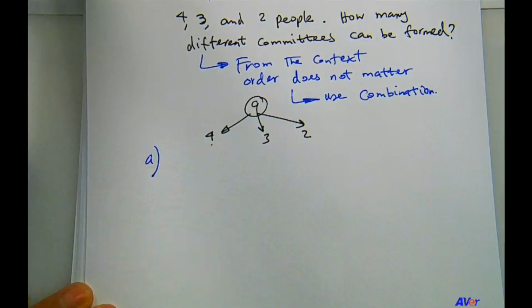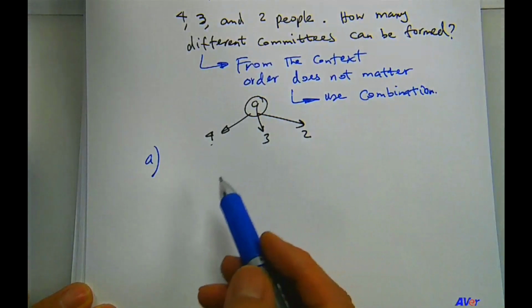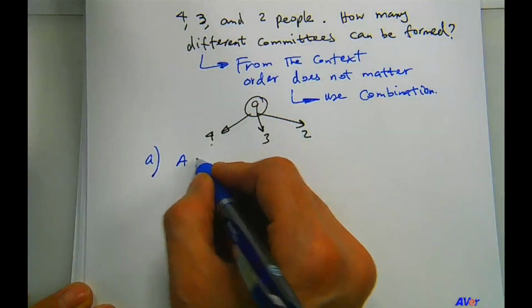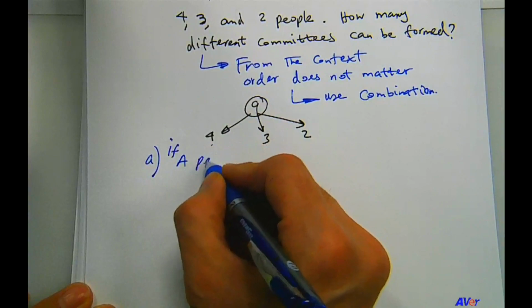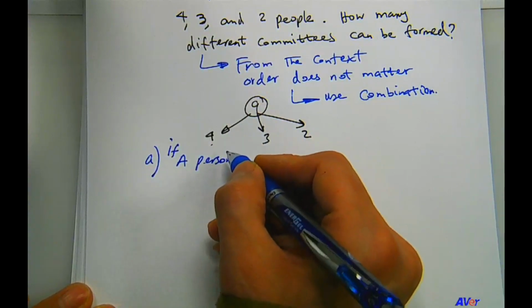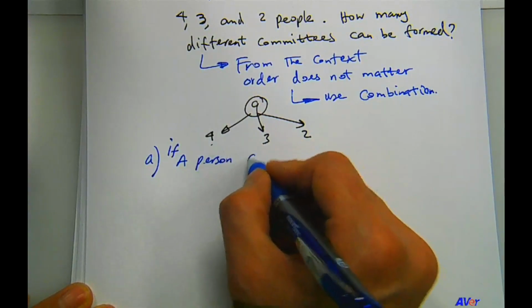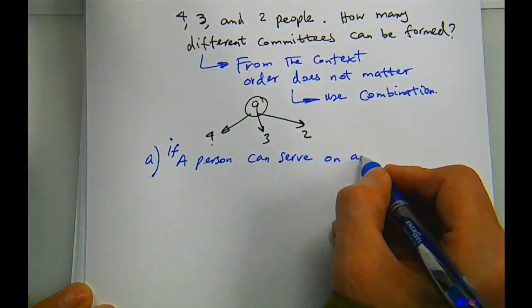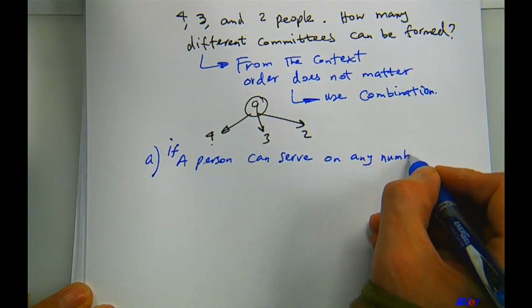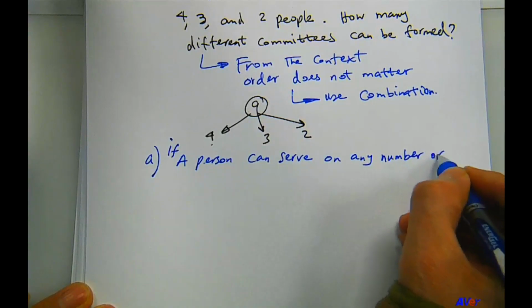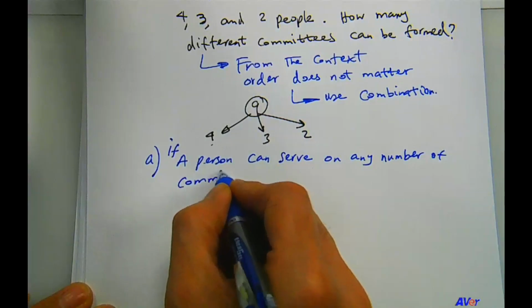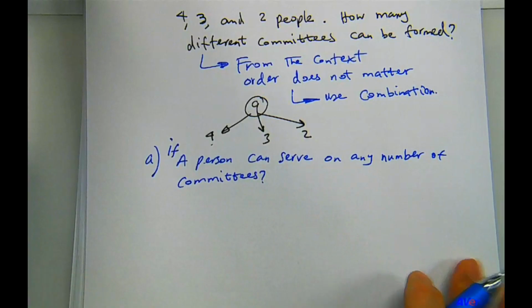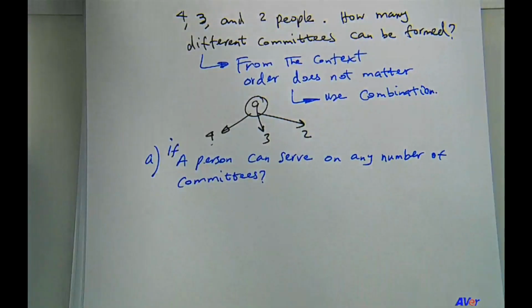So for part A, we want to know how this could happen if a person can serve on any number of committees.